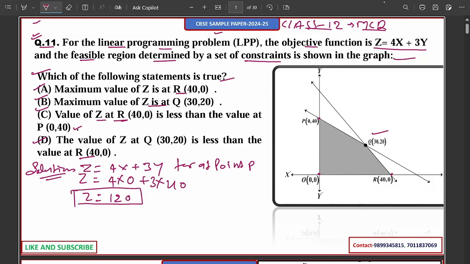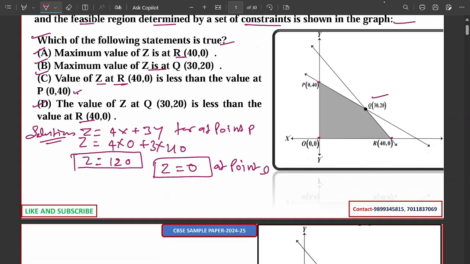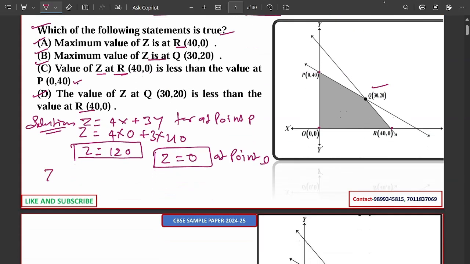Similarly at point 0 comma 0, this will become 0. Now at point R, Z is equal to 4 multiply 40 plus 3 multiply 0, so this is 160.